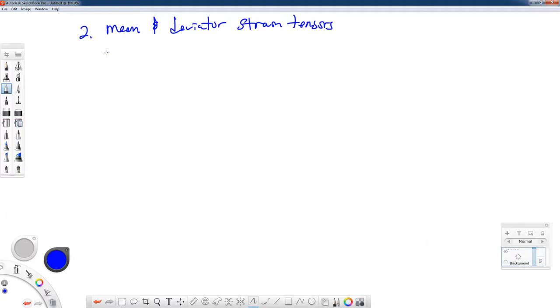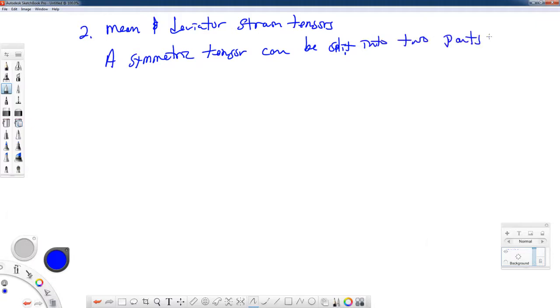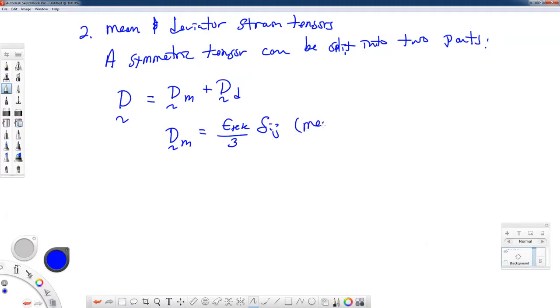And the basis for this is that any symmetric tensor can always be split into two parts: a mean and a deviator, where the mean is equal to the trace over 3, that's Kronecker delta ij, and the deviatoric tensor is simply everything else that's left.